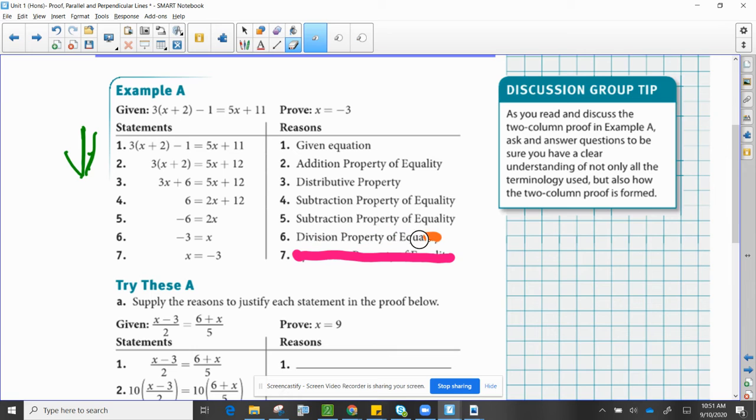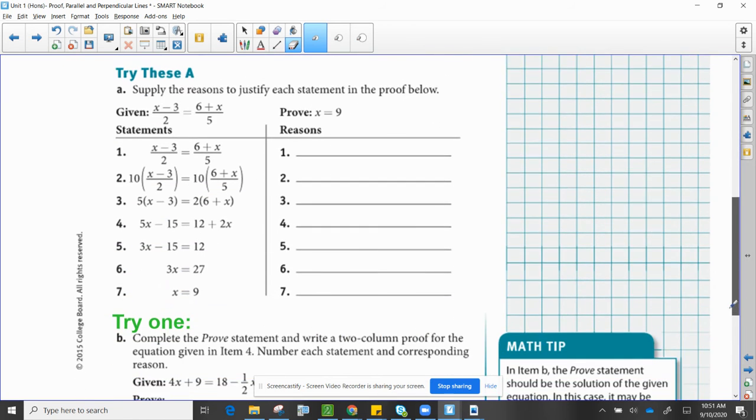Then they divided both sides by 2, and then they got their final answer. Now they're calling this a symmetric property because they just rearranged the order, but there is our proof. So again, we have the steps on why we did something, and then the reasons or the properties behind why we could do it. Okay.